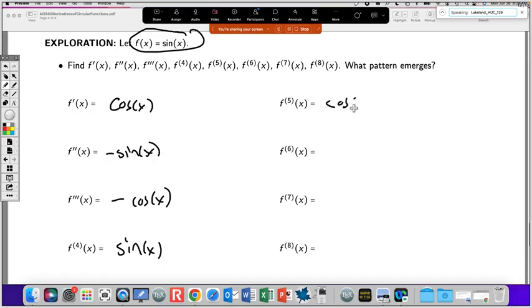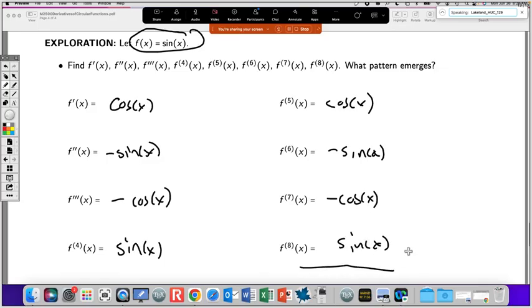So what's going to happen here? These derivatives repeat in a cycle of what? 4. Exactly 4.